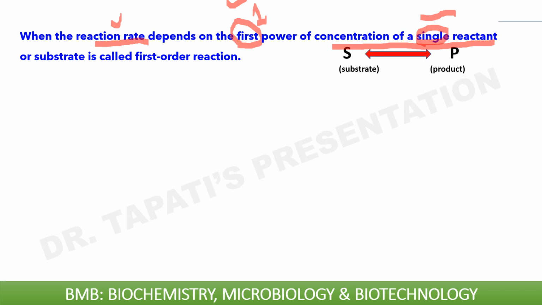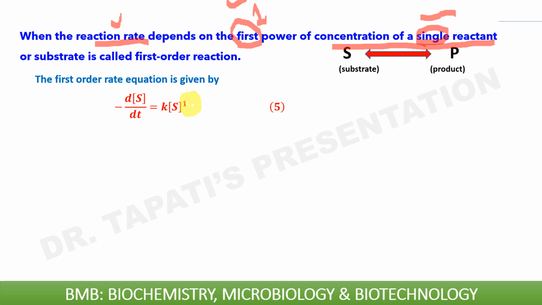If S is converted to product P, then the first order rate equation is given by minus dS by dt equal to k into S to the power 1. Power 1 for first order reaction.